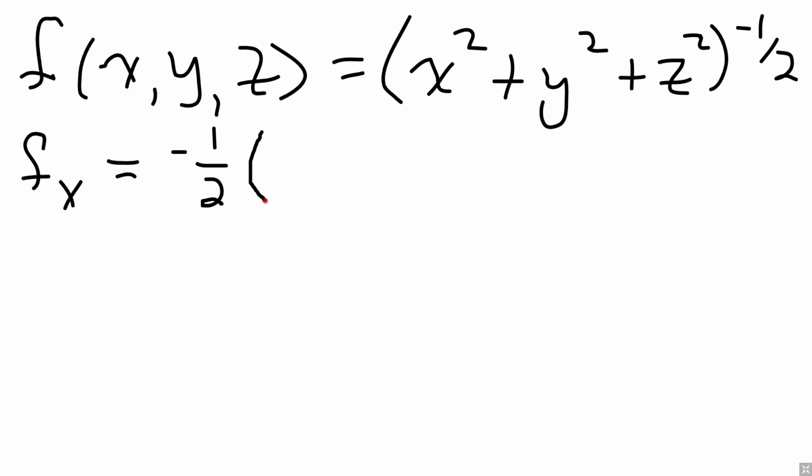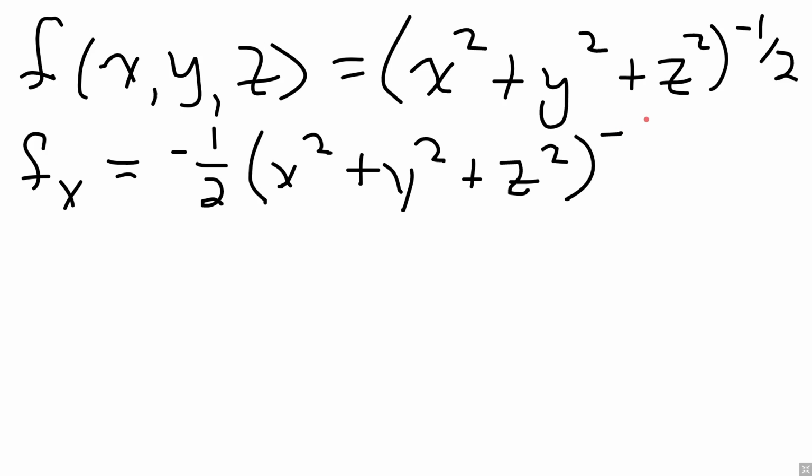If I find the partial of f with respect to x, I'm going to have negative 1/2 times x squared plus y squared plus z squared raised to the negative 3/2, times the derivative of the inside, which is just 2x.